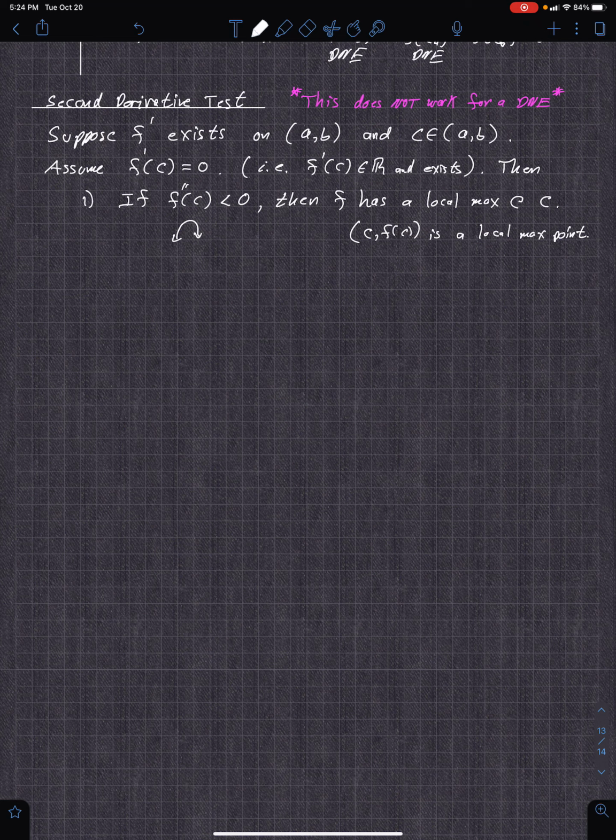Okay, so similarly, if f double prime of c is greater than 0, that implies concave up. Then f has a local minimum at c.